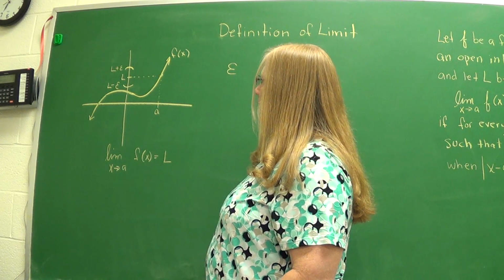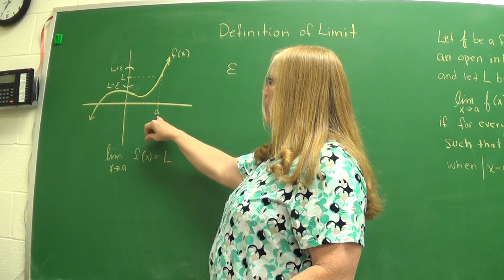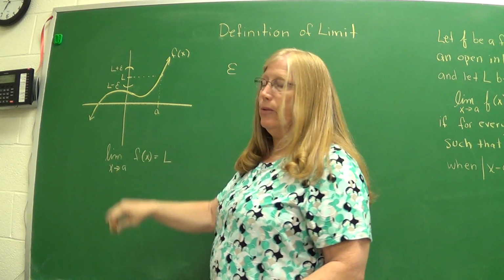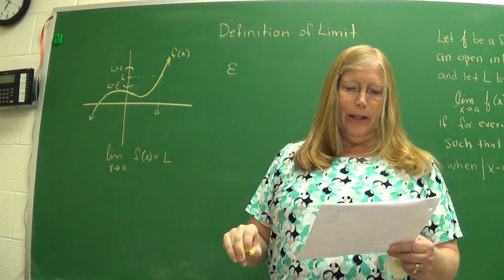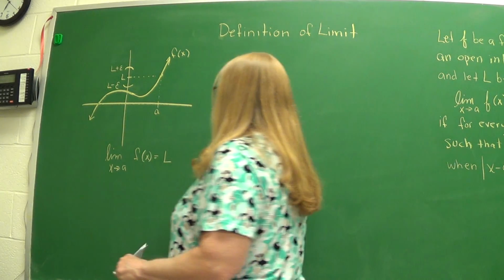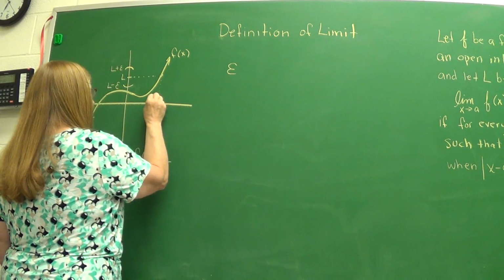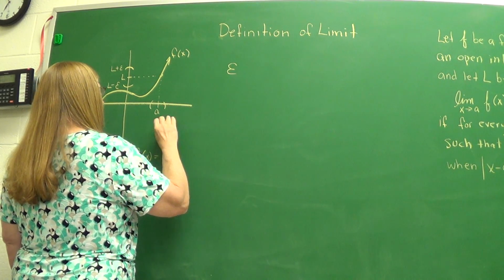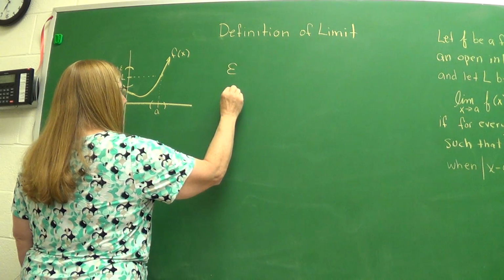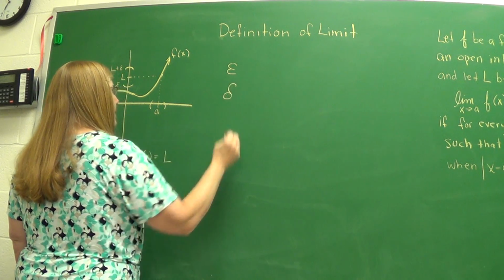So we are going to have to be wise and choose our x values. Again, they're going to approach A, they're not going to be A. So we're going to take a range of values down here on the x-axis, which are going to use A plus delta. Delta looks like this.